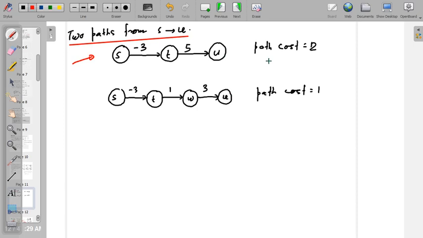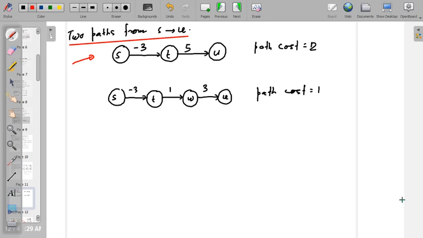I only know that Dijkstra's algorithm is applicable whenever the edge cost is positive. But if I have some negative edge cost, then you can argue that, okay sir, we can convert this negative edge cost into positive edge cost, and then we can apply Dijkstra's algorithm.